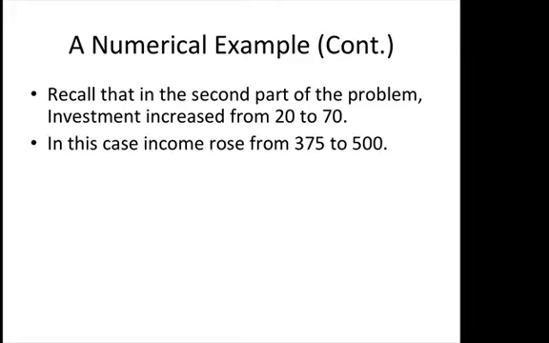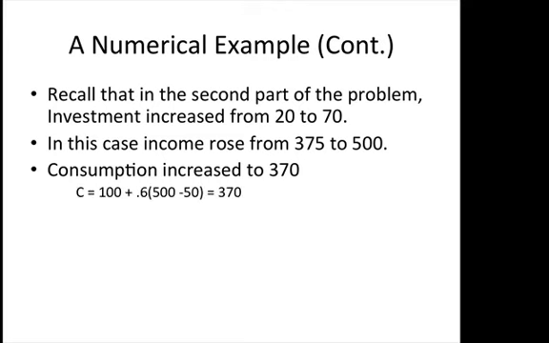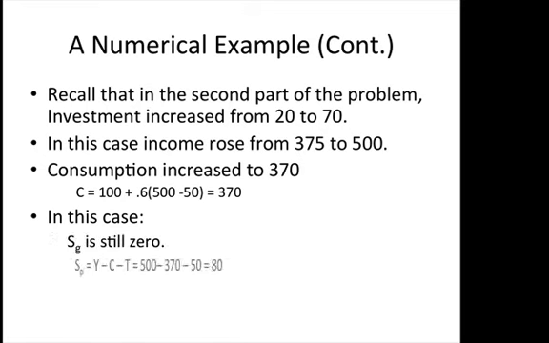What do we know? Recall that when investment grew by 50, income at the point of spending balance went from 375 to 500, and consumption increased to 370. In this case, SG is still 0, and private saving, which is Y minus C minus T, is 500 minus 370 minus 50, which is equal to 80.